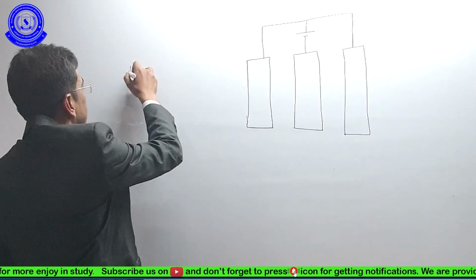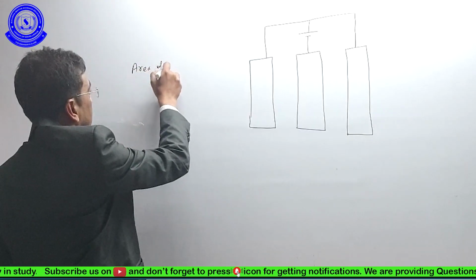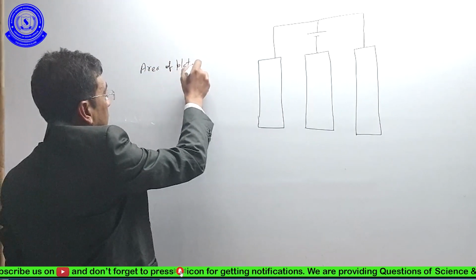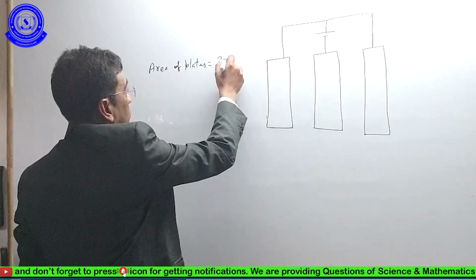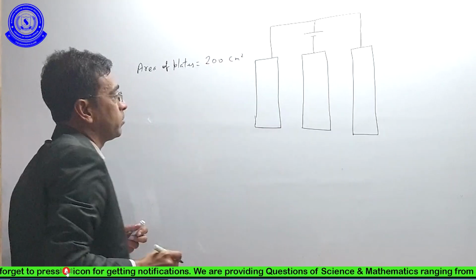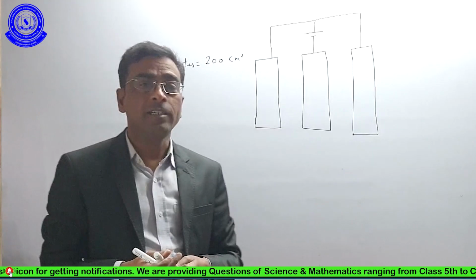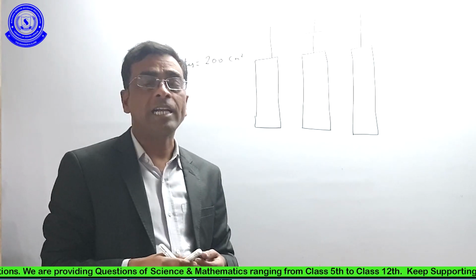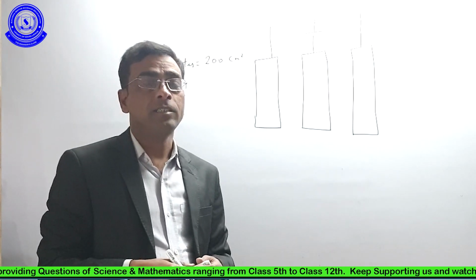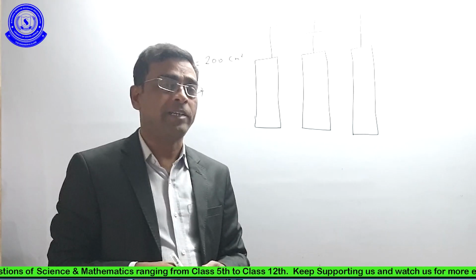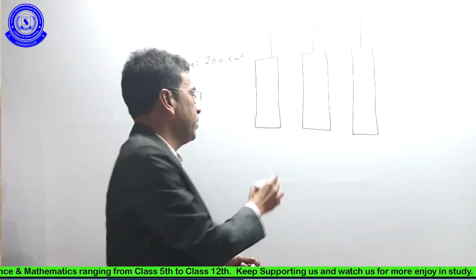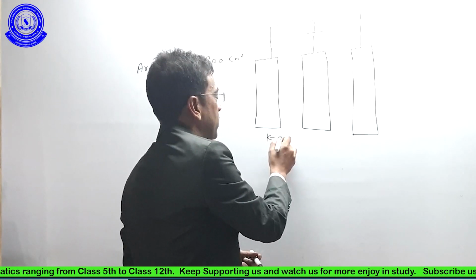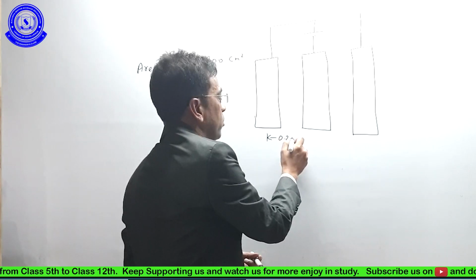We have data that the area is equal for all these plates, and the area of these plates is 200 centimeter square, and the separation between adjacent plates is 0.2 millimeter.